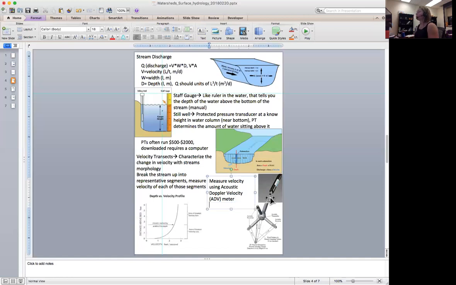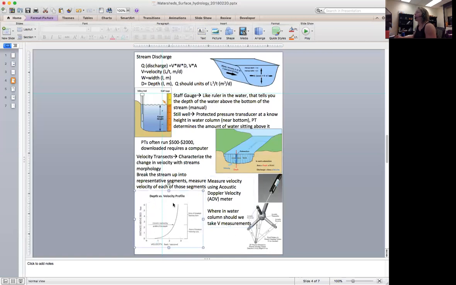Now, the next question is, where in the water column should we actually sample? Or should we take velocity measurements? There's a couple of rules of thumb about where we should take velocity measurements, but we take a look down here at this lower left-hand panel, and this characterizes in general, as you move with distance from above the bed of a stream, how it alters the velocity profile, right?